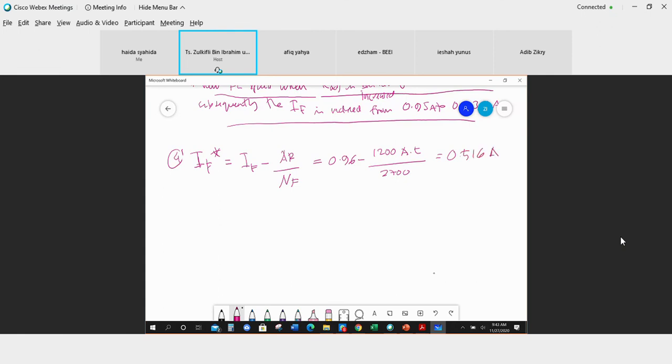So from here you look into curve and then see curve and then you can find the EA which is equals to 210 V. So the same, we apply the same formula.